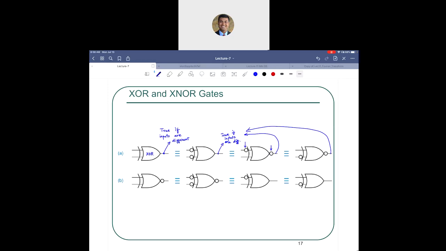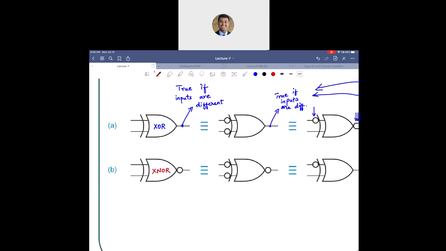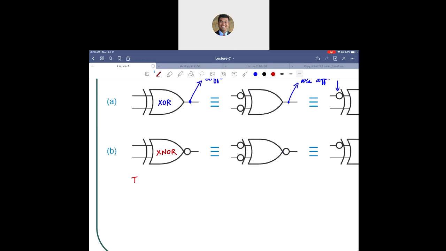Now let's go on to talk about the exclusive NOR. What do you have here? Output is true if both inputs are the same. Next symbol.